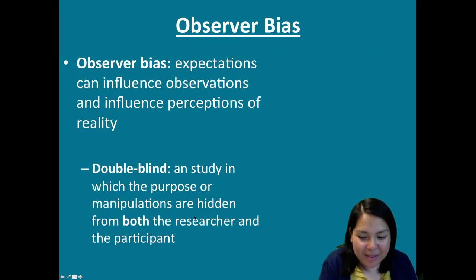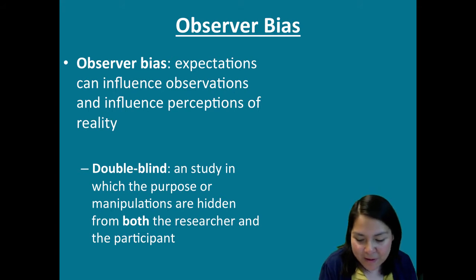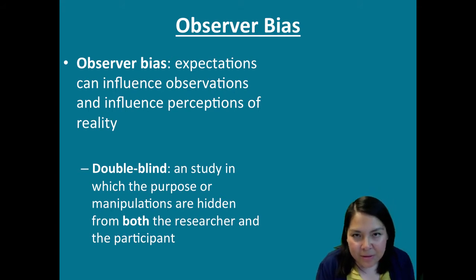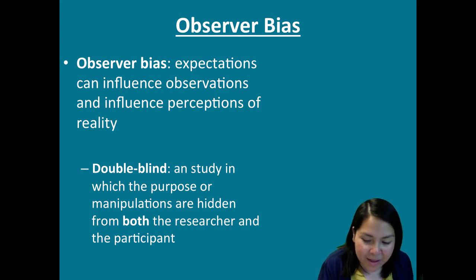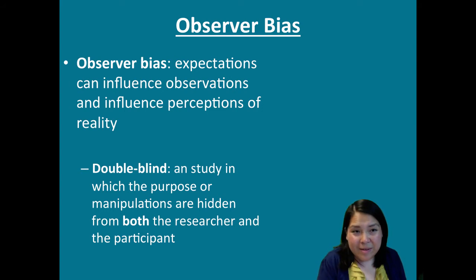So next we see observer bias, which is just as important to observational studies. The experimenter may also need to be blind in order to avoid observer bias. This is the tendency for the experimenter to report seeing what he or she expects to see.